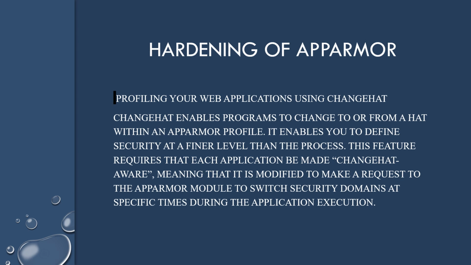This feature requires that each application be made ChangeHat aware, meaning that it is modified to make a request to the AppArmor module to switch security domains at specific times during the application execution.